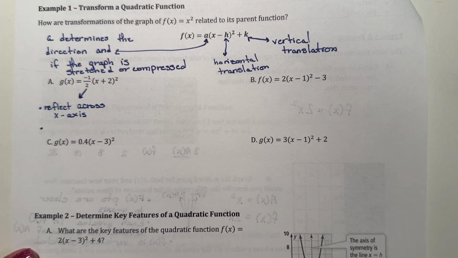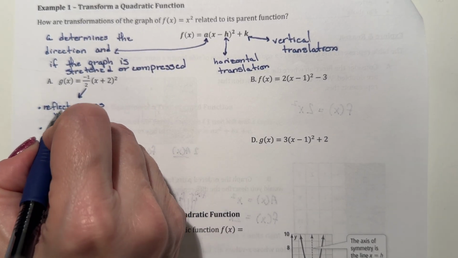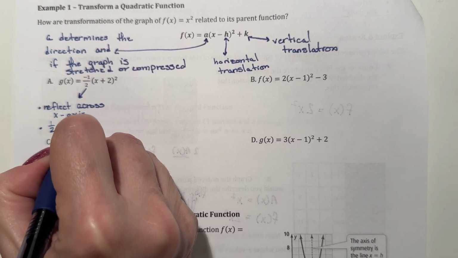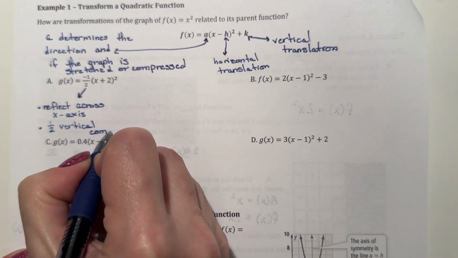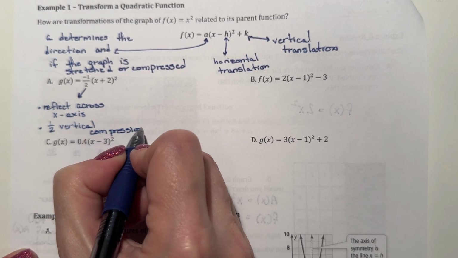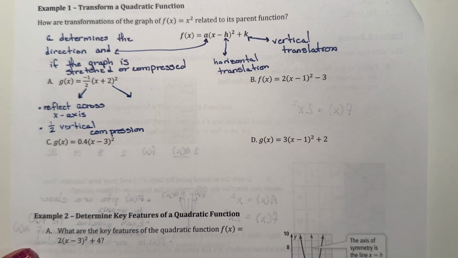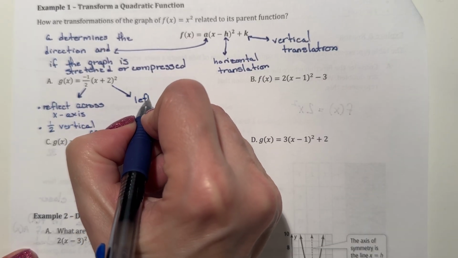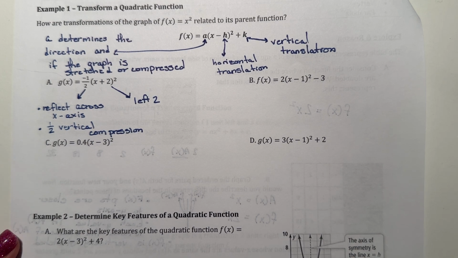A 1/2 causes it to compress vertically. It's half as tall. Then you have a horizontal shift. Remember, it's the opposite of what you see, so it'll be going left 2. And that's it. Let's try another one.